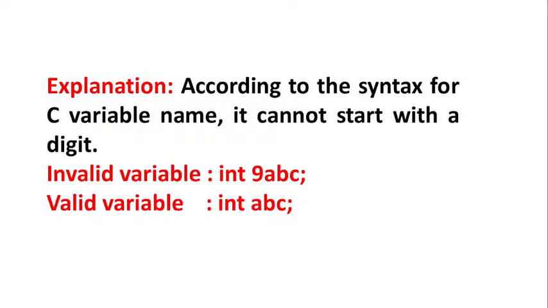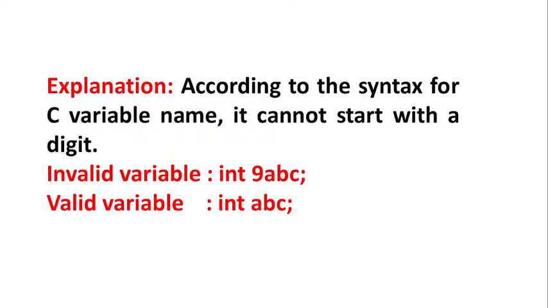In the invalid declaration, int 9abc, the variable starts with the numerical value 9, so this is invalid. In the very next line, int abc, abc is a valid variable. We can declare the variable by using alphabets.